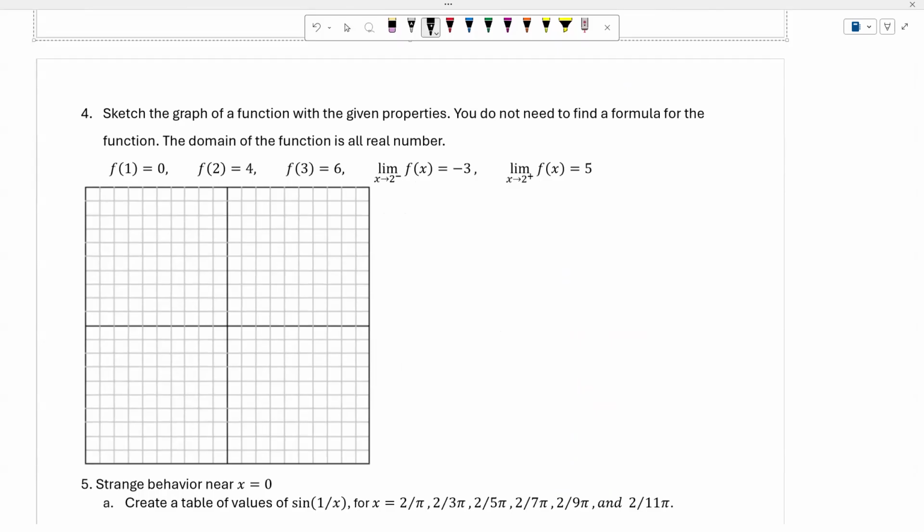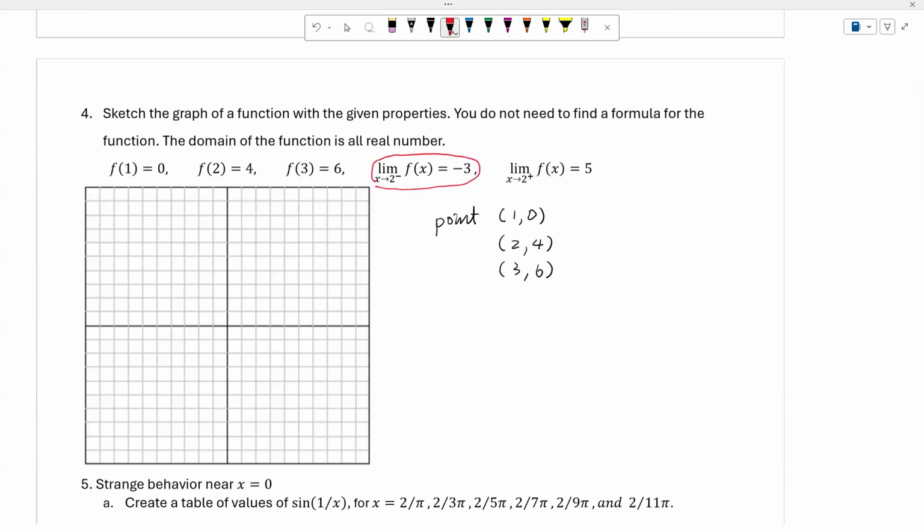So to this problem, we have a couple of things that we need to remember. To this function, I have a point at 1, 0, a point at 2, 4, and also a point at 3, 6.